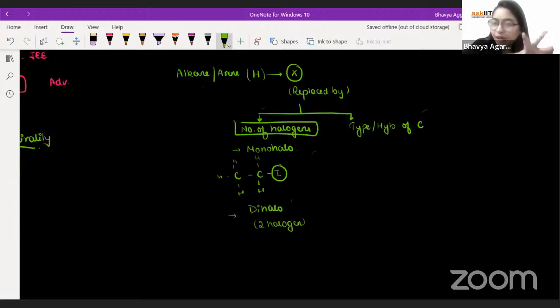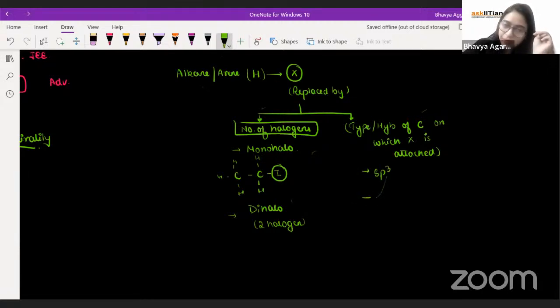Now, since we are talking about organic molecules, there could be only 3 hybridizations possible: sp3, sp2, and sp. Right, because it's carbon, which is acting as the central atom, and this atom does not have a d orbital, so d related hybridizations are not possible in this case.